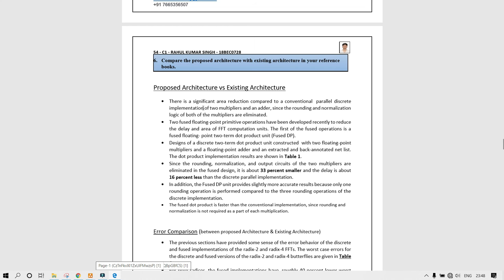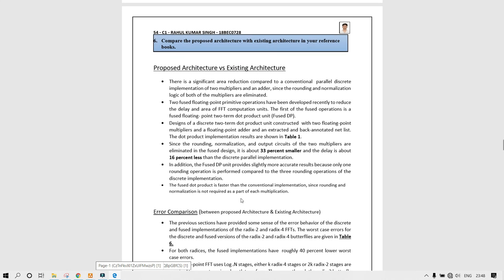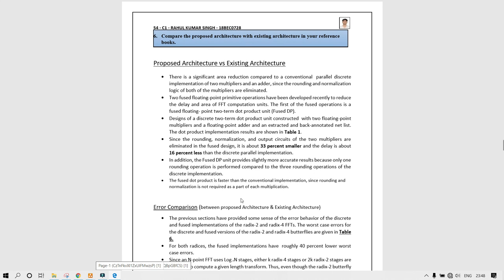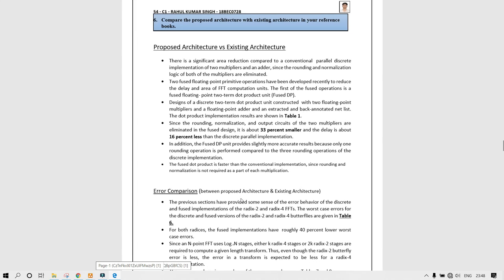In addition, the fused TP unit provides slightly more accurate results because only one rounding operation is performed compared to three rounding operations of the discrete implementation. The fused dot product is far faster than the conventional implementation since rounding and normalization is not required as part of each multiplication. In short, the proposed architecture is a lot more efficient than the existing architecture, and is faster and takes relatively less area.